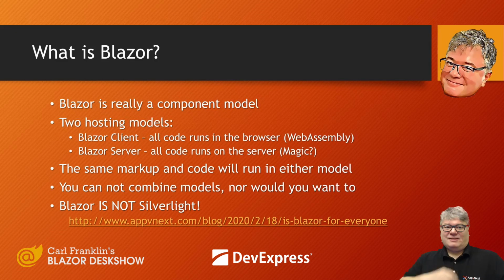How about that? And there's some magic that happens in there, and I'll talk to the magic and tell you what it's all about. We'll actually watch the network traffic, and we'll see exactly what's going on. The same markup and code in this component model can run in either place. It can run in a Blazor WebAssembly app, and it can run in a Blazor server app.